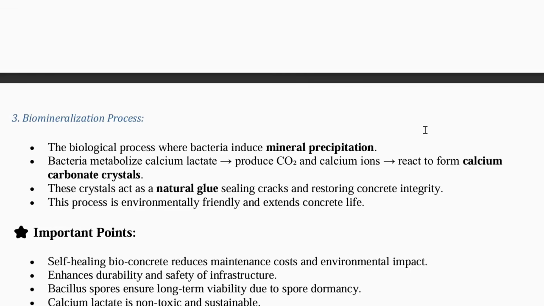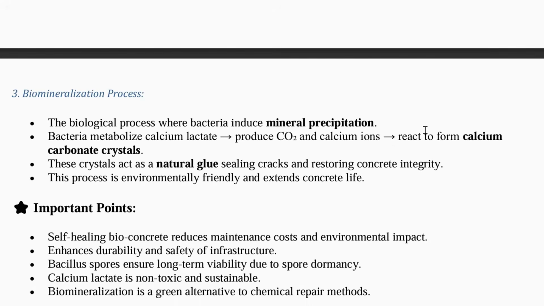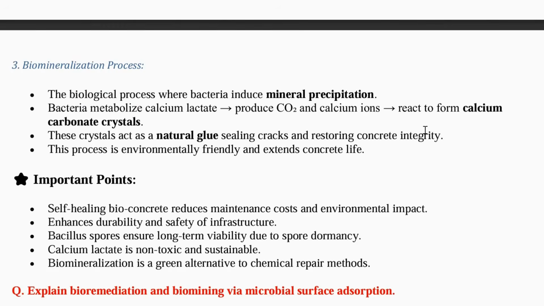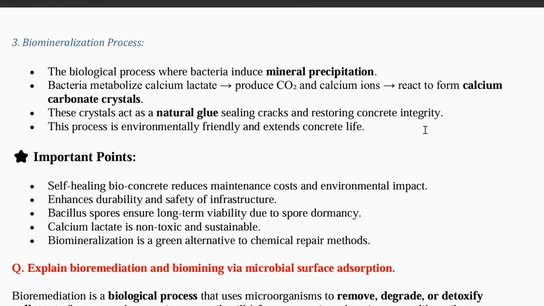Bacteria metabolize calcium lactate and produce CO2 and calcium ions, which react to form calcium carbonate crystals. These crystals act as a natural glue, sealing cracks and restoring the bioconcrete's integrity. This process is environment friendly and extends the concrete's life.